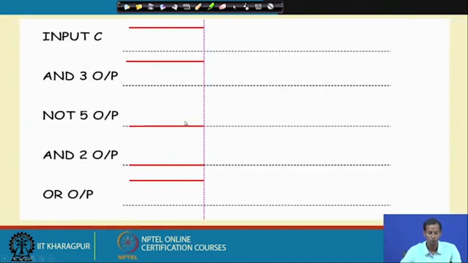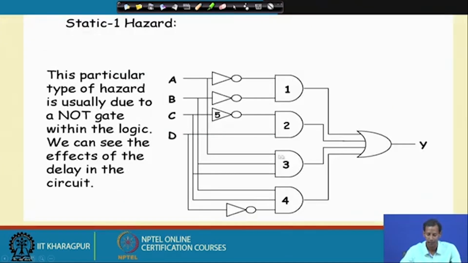In an AND gate, if the other inputs are 1, then the output depends upon the value of the remaining input. Here, this is the AND output, the third gate, which I have numbered as 3.